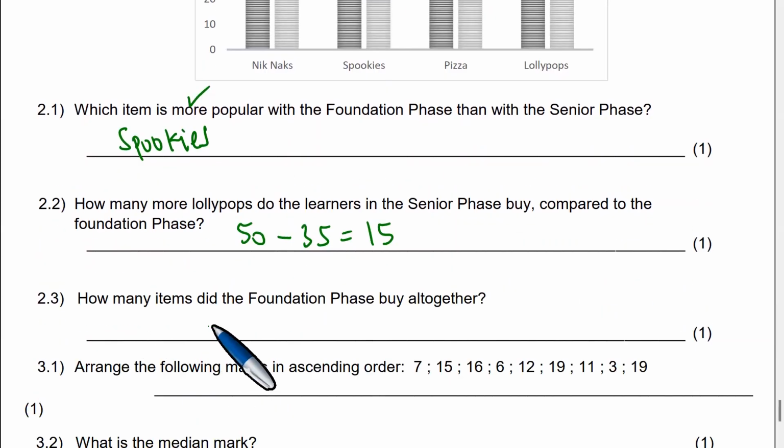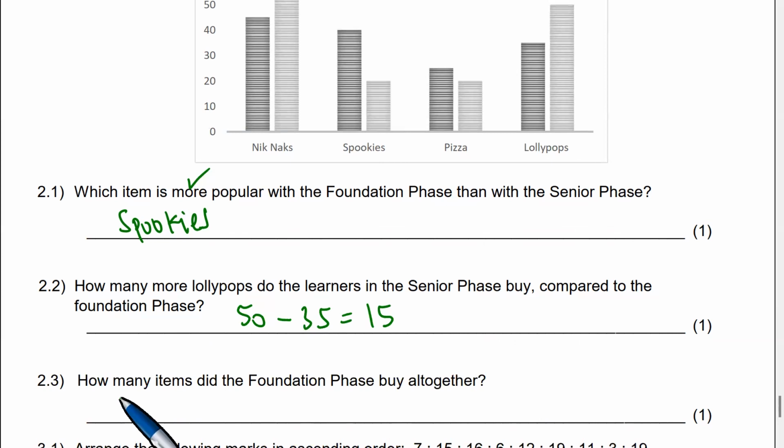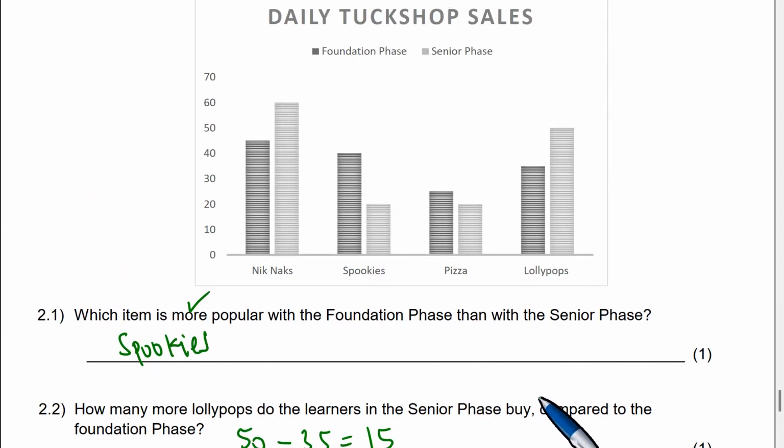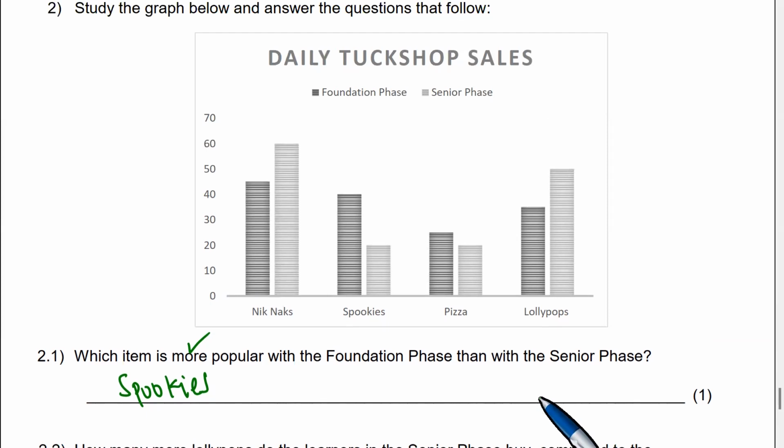How many items did the foundation phase buy altogether? What do you think? How many more items did the foundation phase buy altogether?